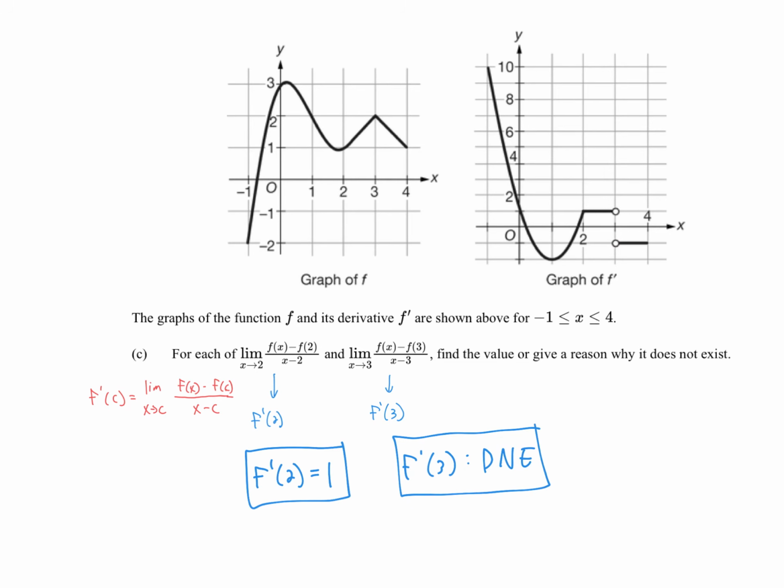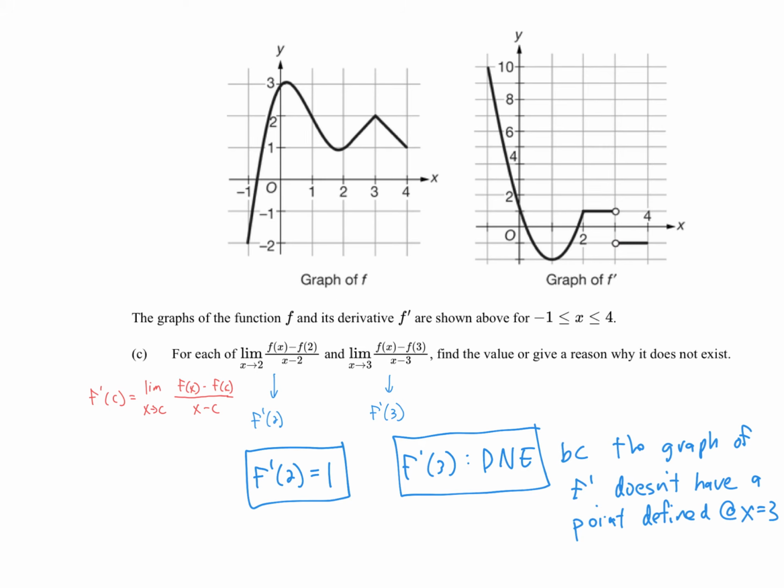Okay, and so the explanation is, they ask us to explain or give a reason, and we can say because the graph of f prime doesn't have a point defined at x equals 3.